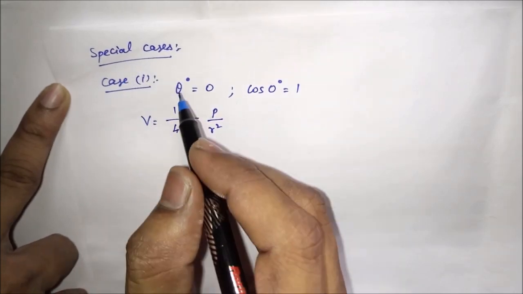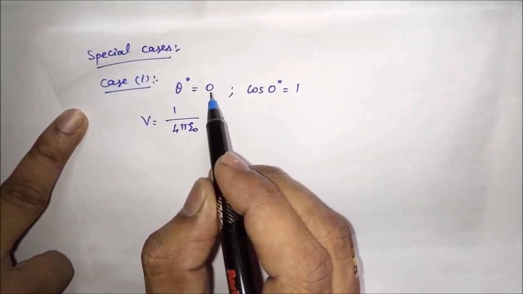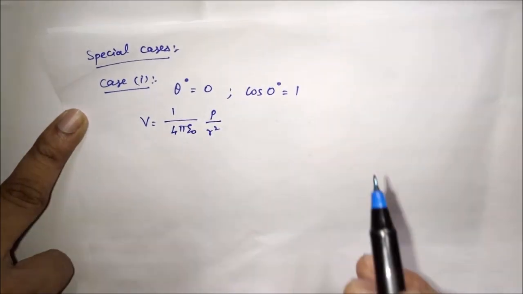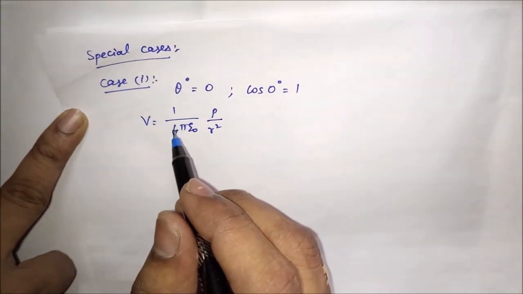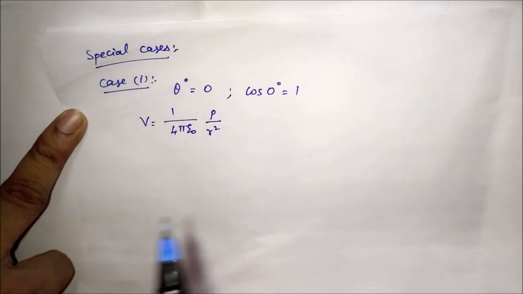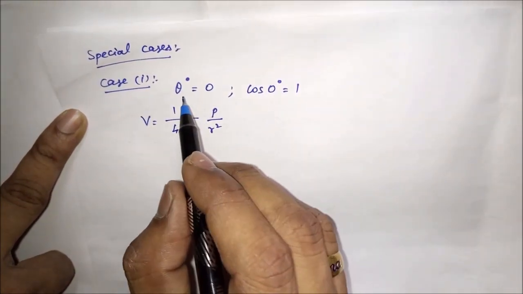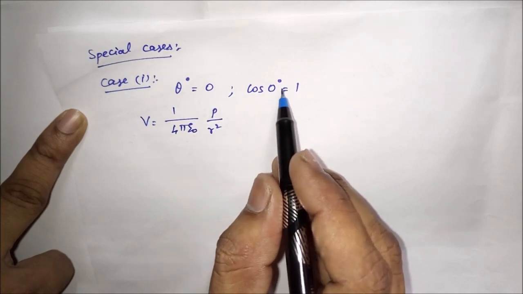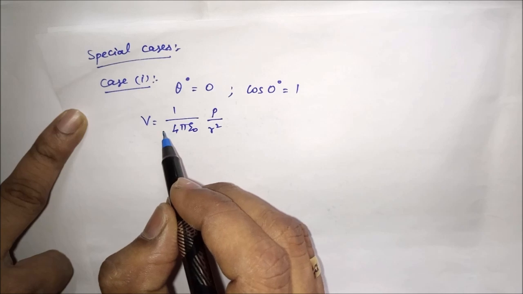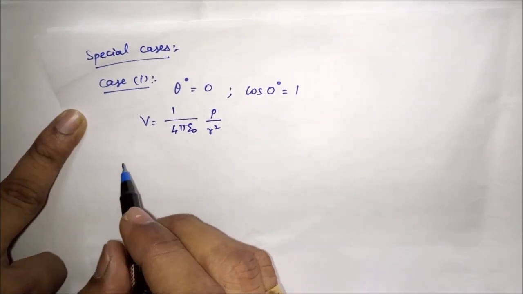Some special cases. Case number 1: if theta is equal to 0, which means the external point lies on the axial line, or along the direction of the dipole moment. cos 0 degree is equal to 1, and substituting in the final equation, you get V equal to 1 divided by 4 pi epsilon naught times P divided by r squared.